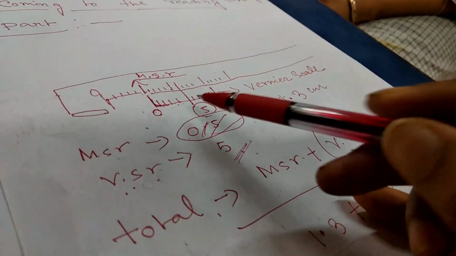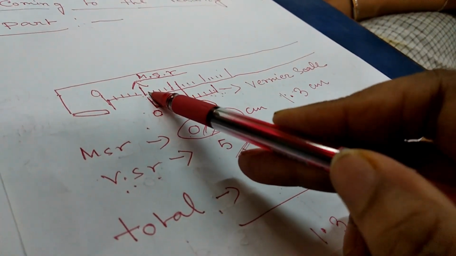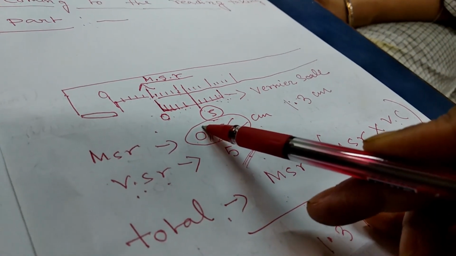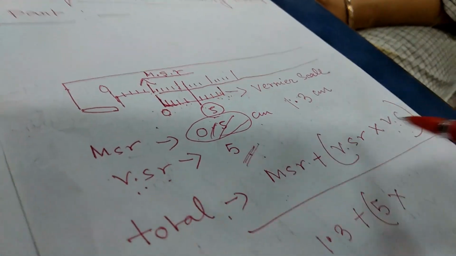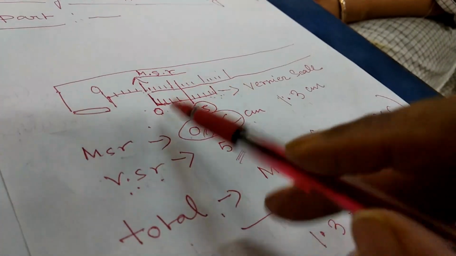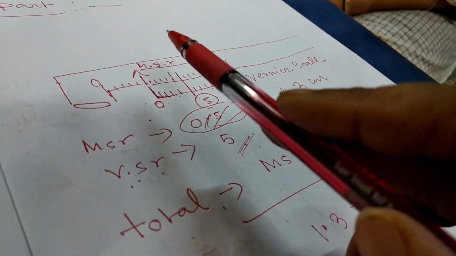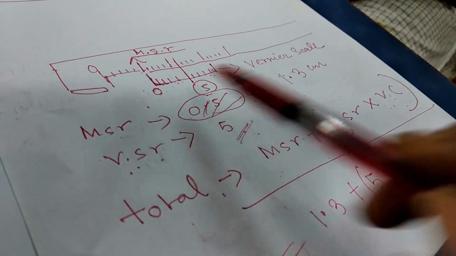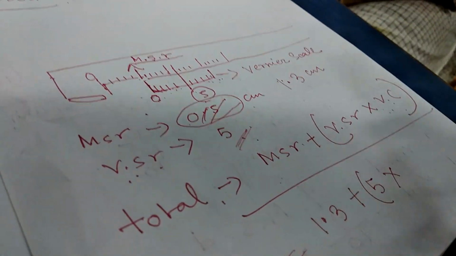So what is vernier constant? Vernier constant is the difference between one smallest division of main scale and one smallest division of vernier scale, that difference.